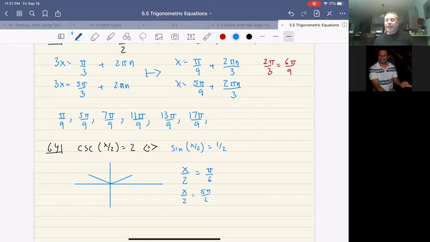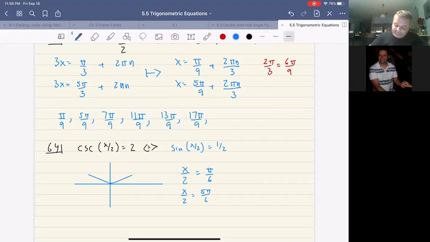Now you may be wondering why I didn't add the 2 pi in. And no, it's not because of my case of the stupids that I've already documented. It's because when I multiply by 2, I'm already taking it out. Multiplying by 2 doesn't give me more solutions. It's only when I'm dividing by a number bigger than 1. Dividing by a number less than 1 would possibly give us fewer solutions.